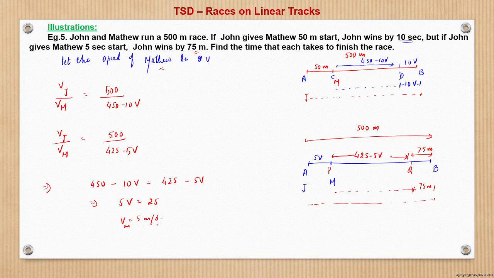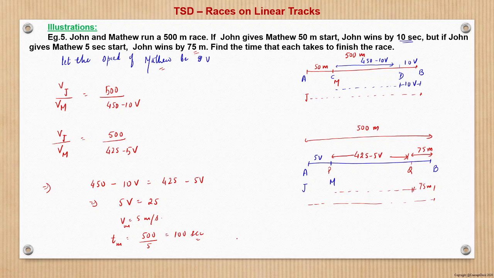If Matthew has a speed of 5 meters per second, the distance is 500 meters. So the time taken by Matthew will be distance upon speed, which is 100 seconds.